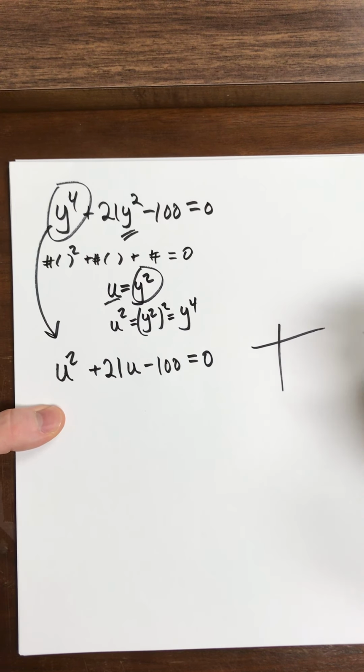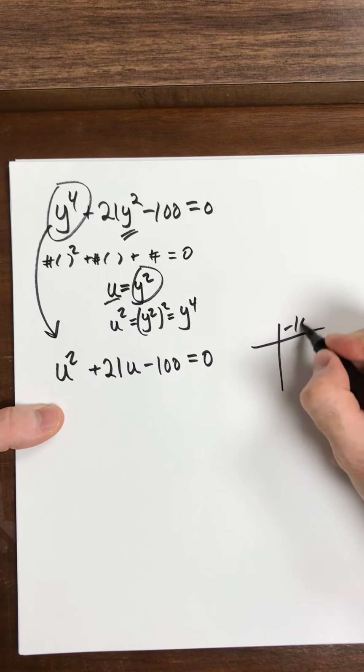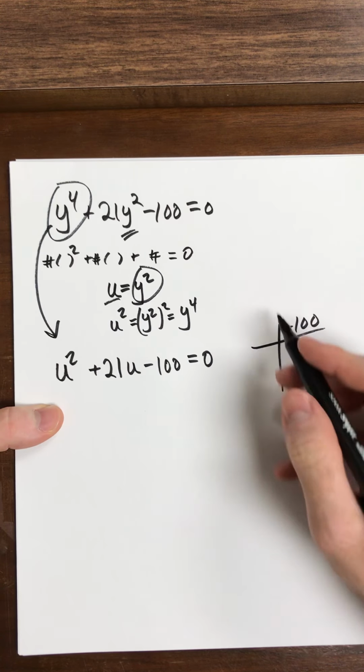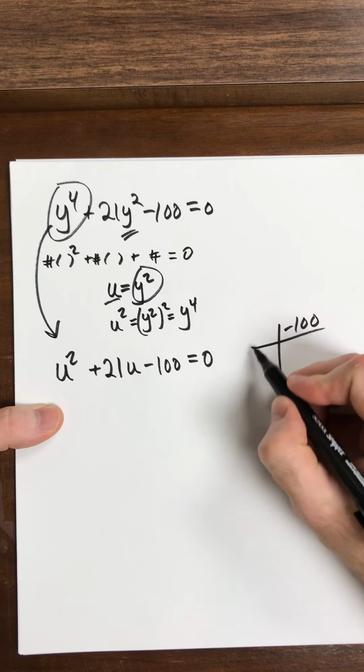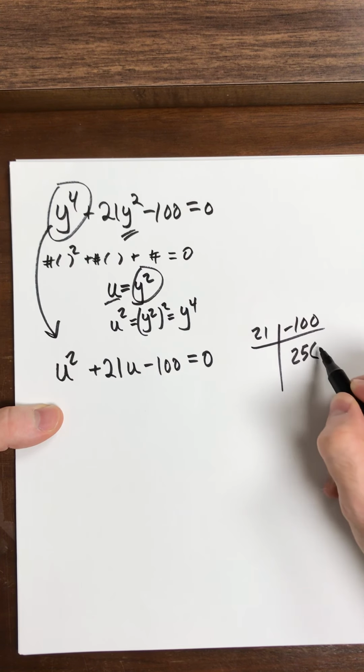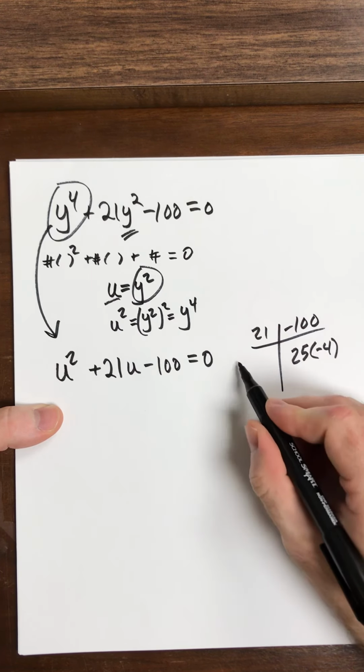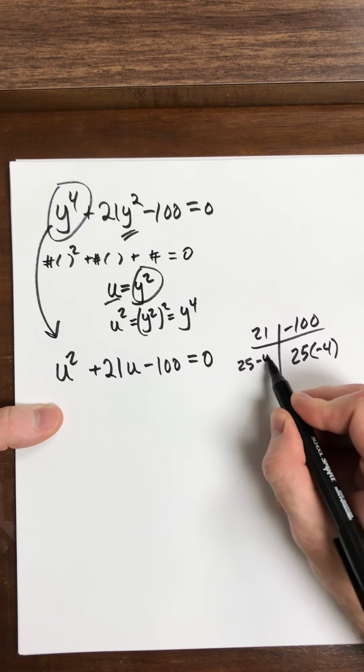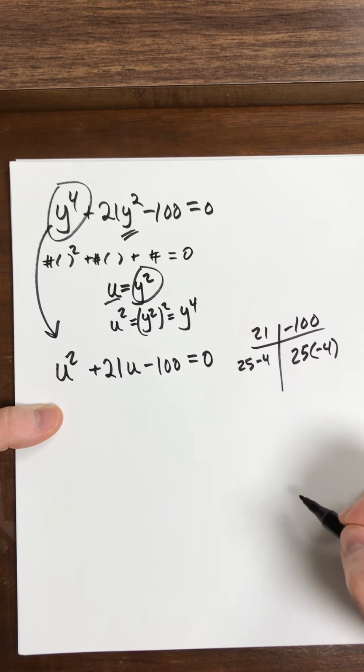So let's use our T-chart. I want something that multiplies to negative 100 and adds to 21. 25 times negative 4 multiplies to negative 100, and 25 minus 4 adds to 21, so that works.